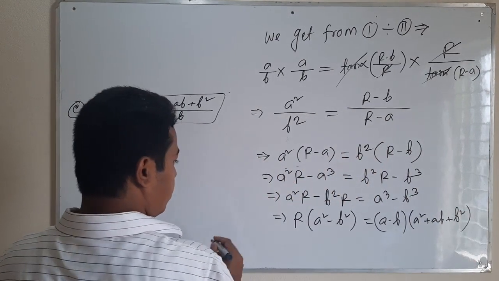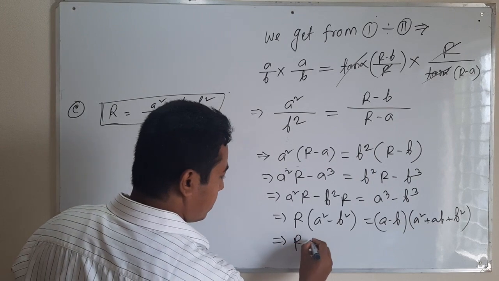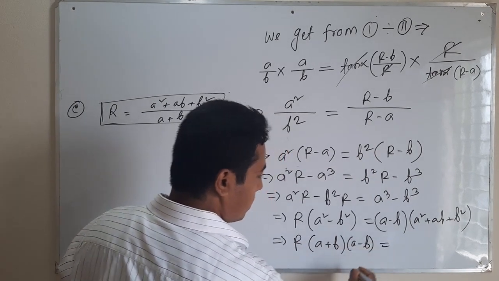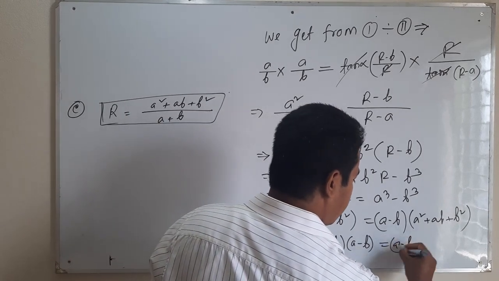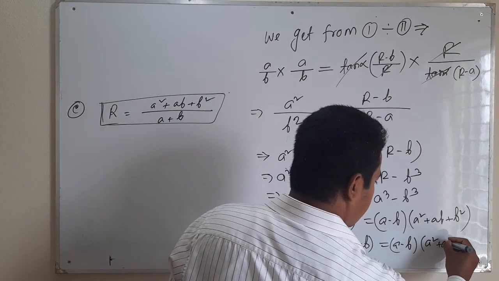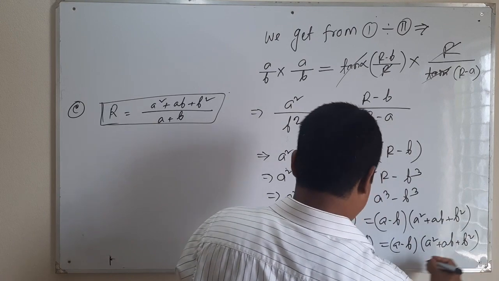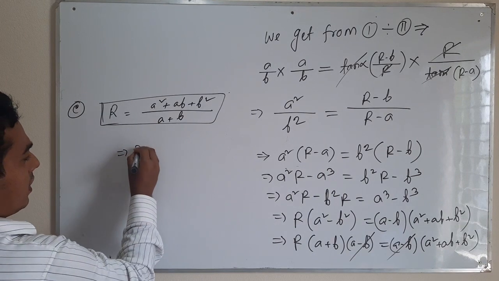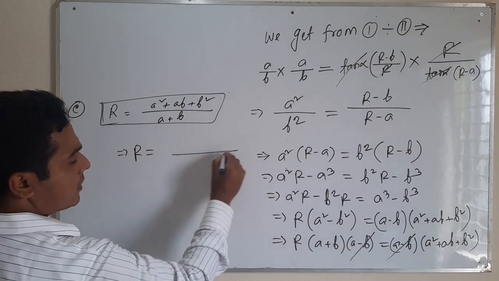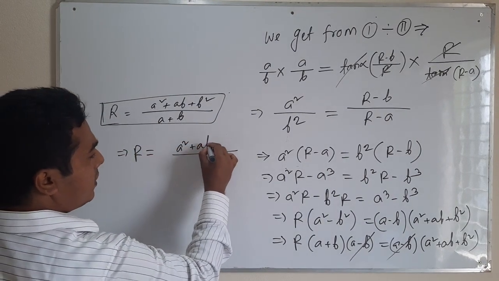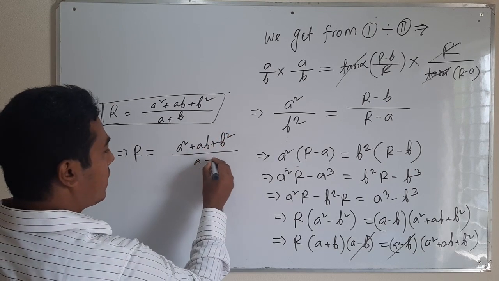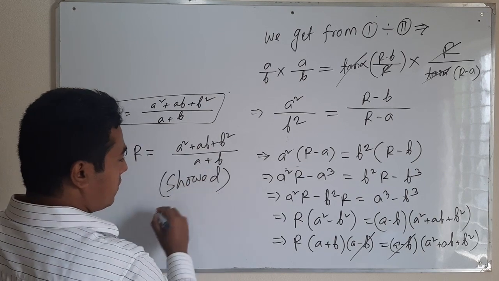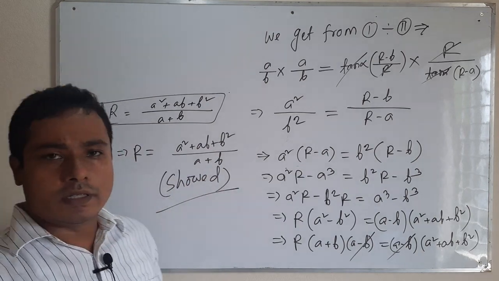So we get R is equal to a square plus ab plus b square divided by a plus b. This is our proved. Okay, my dear students, this is our today's class.